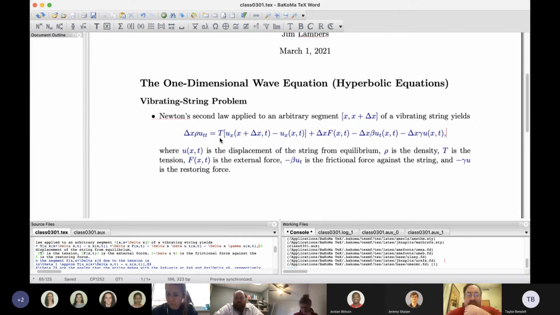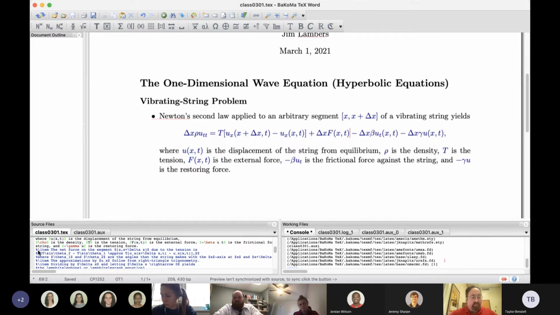We have this force due to the tension. If there's an external force, in other words leading to a non-homogeneous PDE, then we have that term here. And then we can also account for friction force and restoring force. We're not normally going to deal with these terms, but if we're trying to account for all the forces involved as carefully as possible, then these terms would be there.